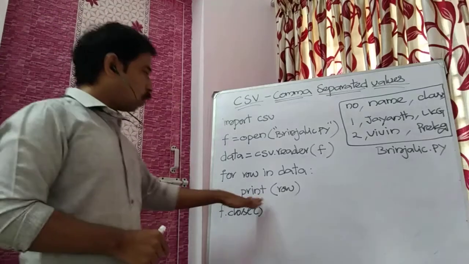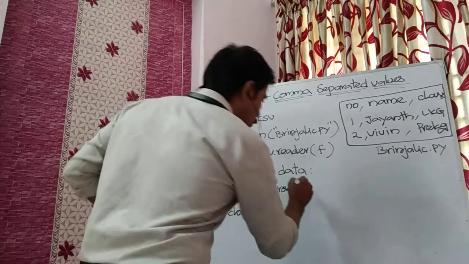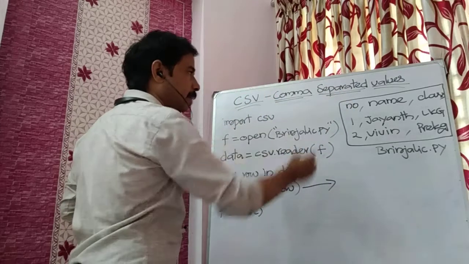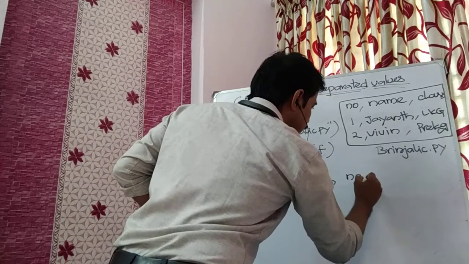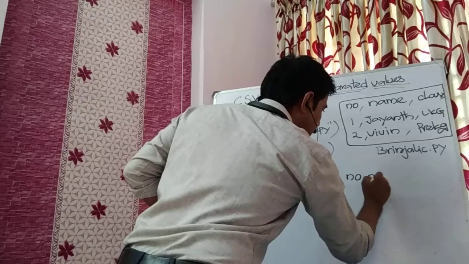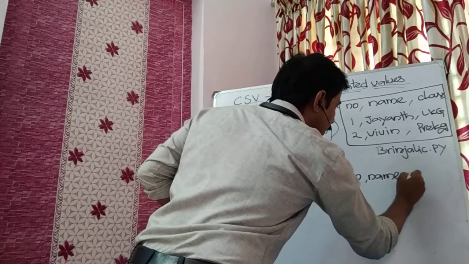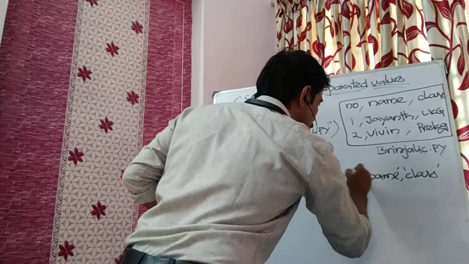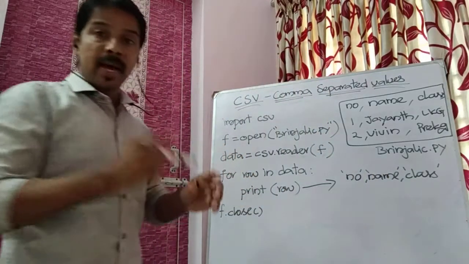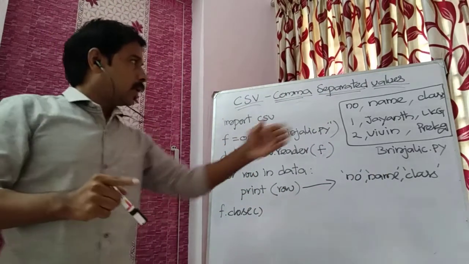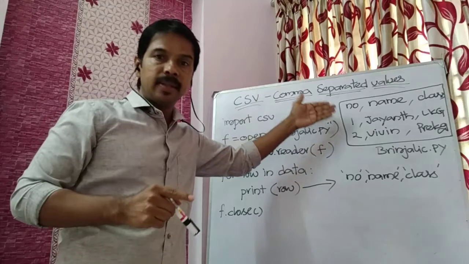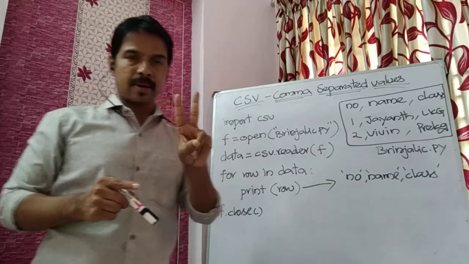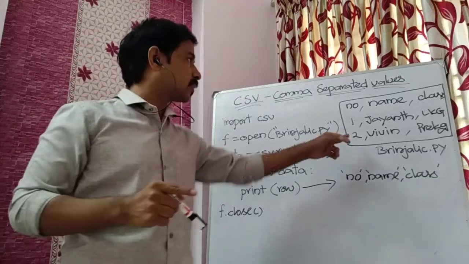Now when you print this way, the same data will appear as number, comma, name, comma, class, everything surrounded with single or double quotes. In this data there are actually two records, but we have to consider this as three records.